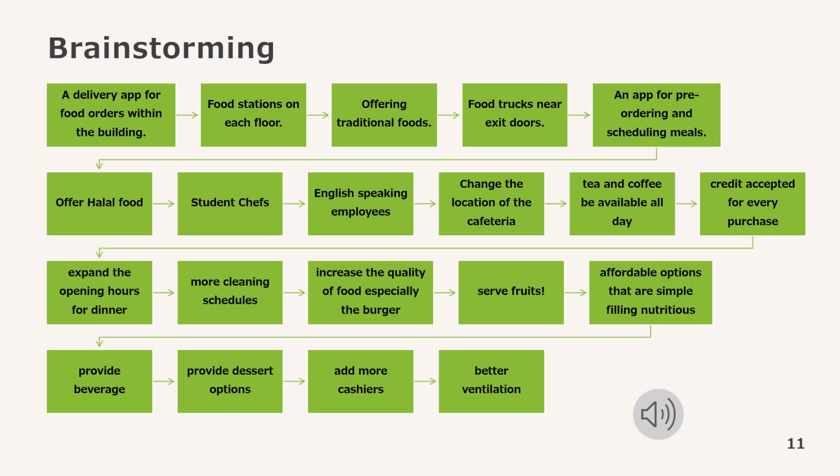Thanks to our brainstorming session, we came up with the following interesting ideas. Our main idea is to create a delivery app for food, for people in other buildings such as Poly, and also a pre-ordering and scheduling app, meaning that the user will pre-schedule and pre-order the meals that he wants to have on a certain day.